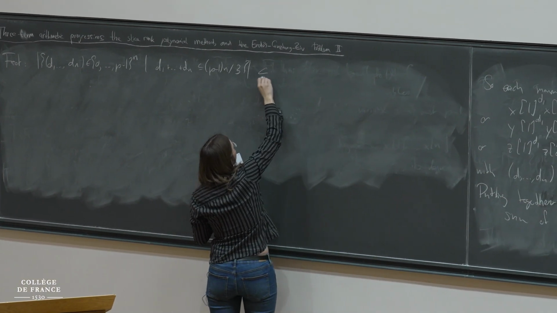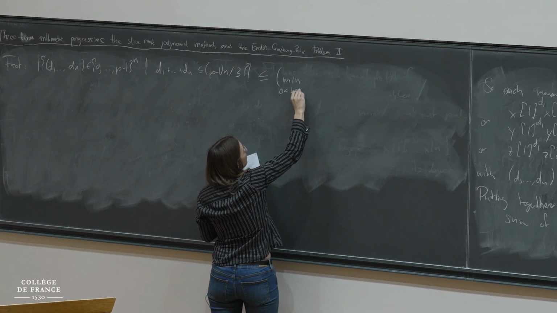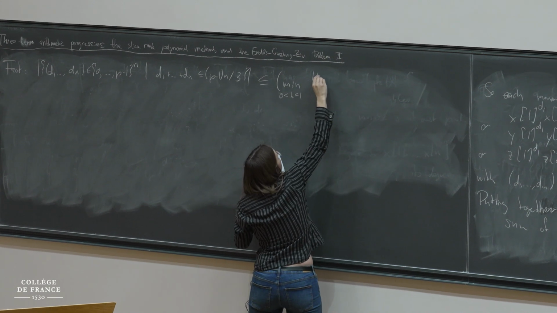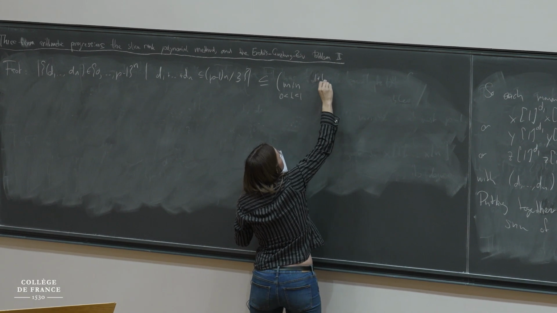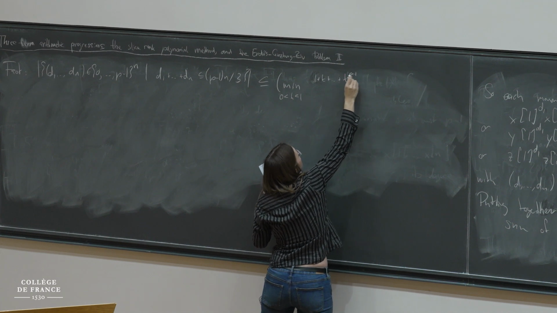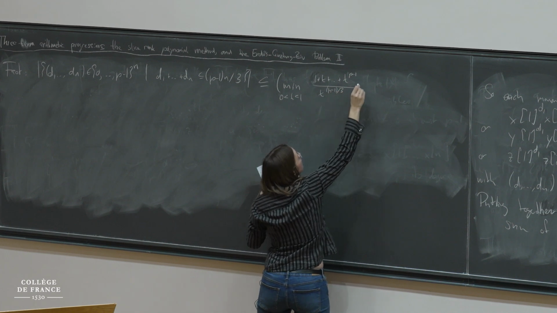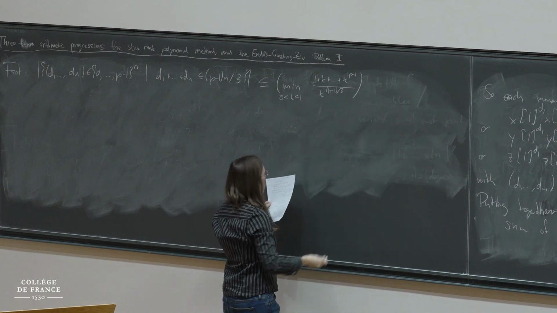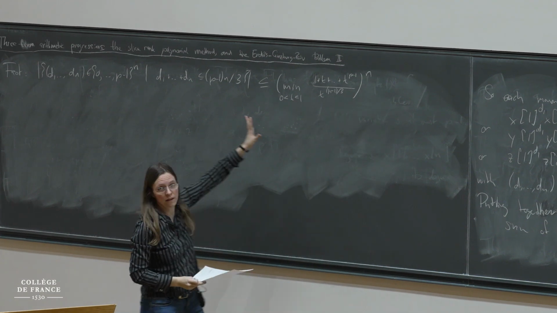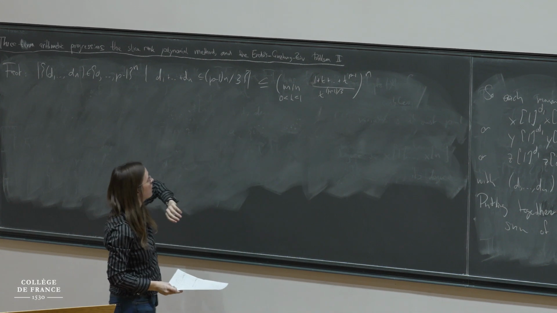And this fact claims that this number is at most the minimum over t between 0 and 1 of 1 plus t plus and so on plus t to the p minus 1, divided by t to the p minus 1 over 3, and this whole thing to the n. And so that exactly then gives you the bound for CP that we had on the board earlier.